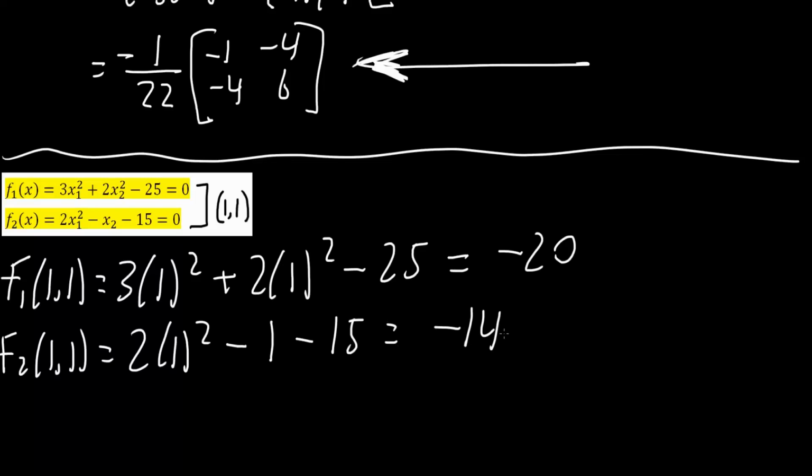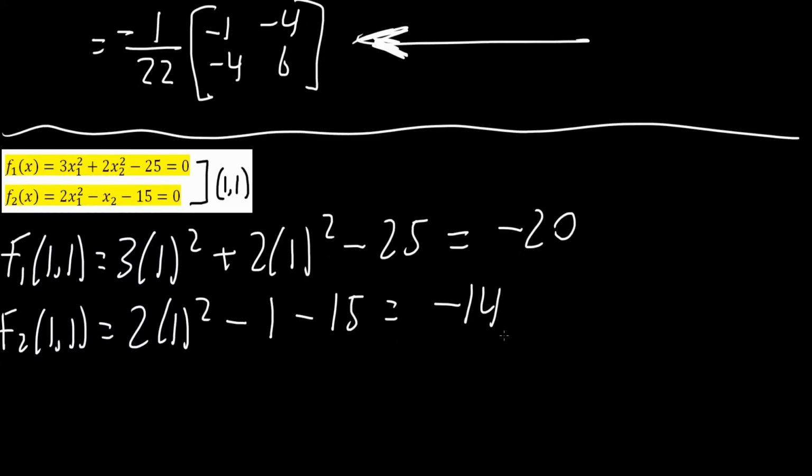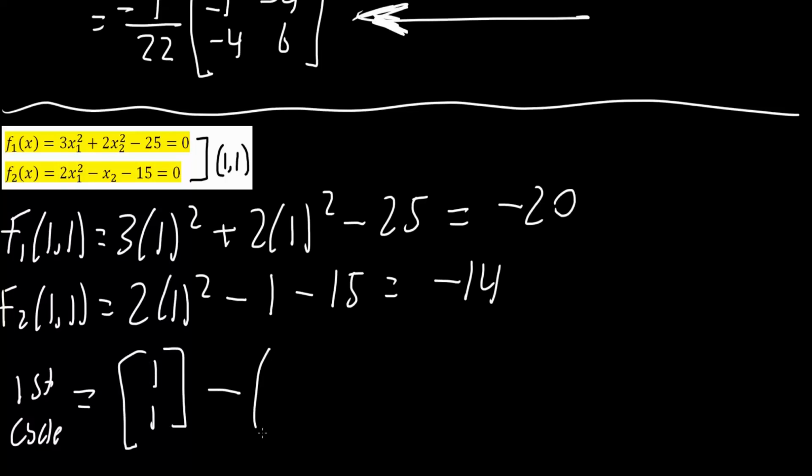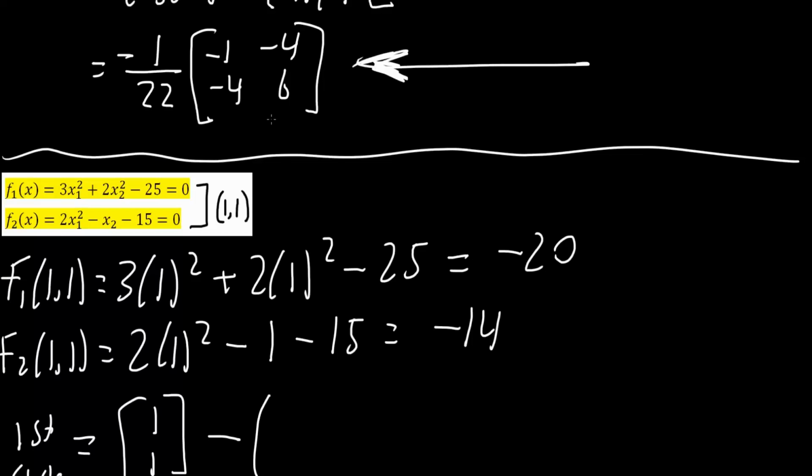The next step is to actually do one cycle. In this problem, I said we would do 2 cycles. So we're very close to finishing one cycle. And this is what we would get. So I can write first cycle, and that's going to be the initial 1, 1. So 1, 1 like this, minus this right here.